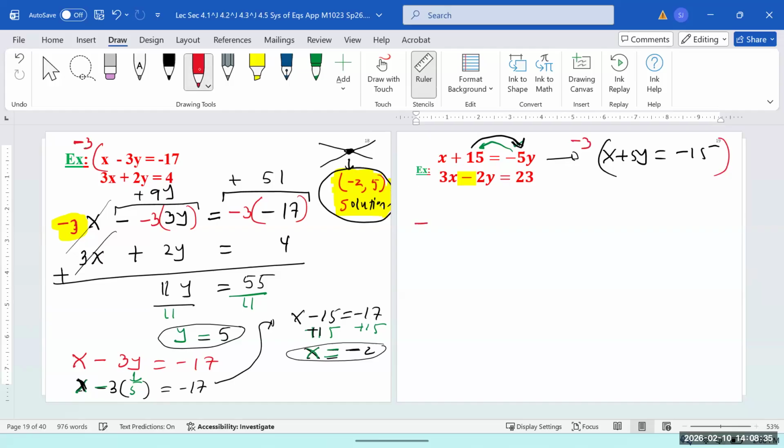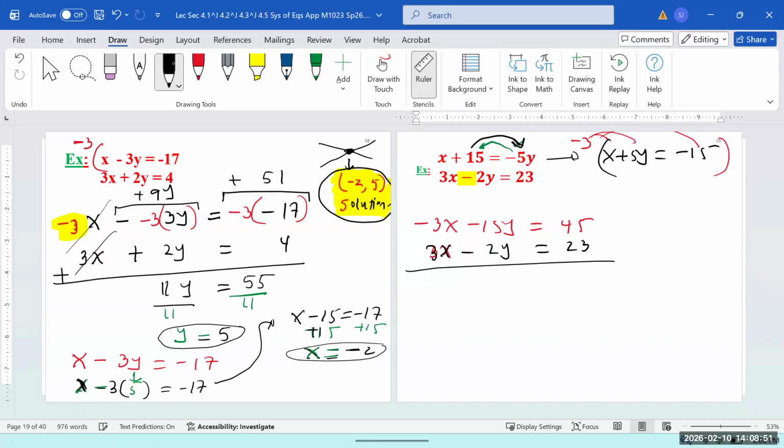So we get negative 3x, negative 15y equals positive 45. We are multiplying here, here, and here. The second equation is positive 3x minus 2y equals 23. So when you add, the x's vanish, and you get negative 17y equals 68.